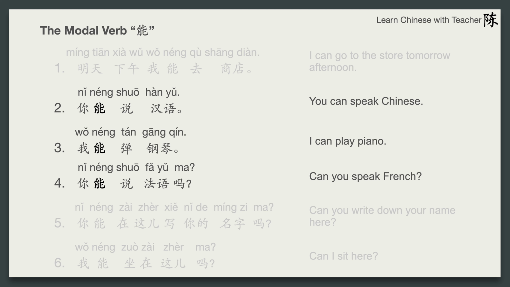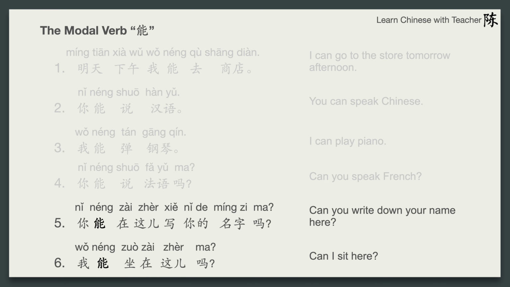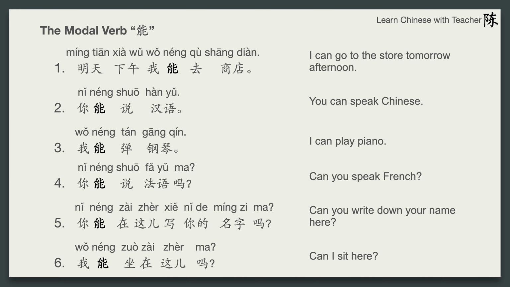The fourth sentence asks another person if she or he has the capability of doing something. The sentence structure 能...吗 can also be used to indicate a request or hope for permission, like in the last two sentences. Okay, that's all about the modal verb 能.